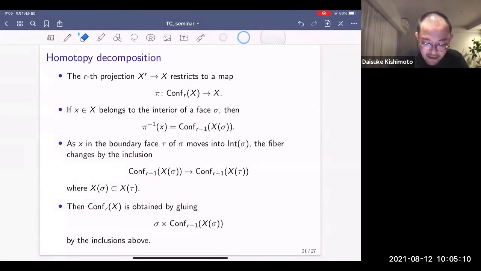Okay, first, let pi be a map from Conf_R(X) to X, which is the restriction of the R-th projection of X^R onto X. And if a point small x of X belongs to the interior of a face sigma, then its fiber is Conf_{R-1}(X minus sigma).